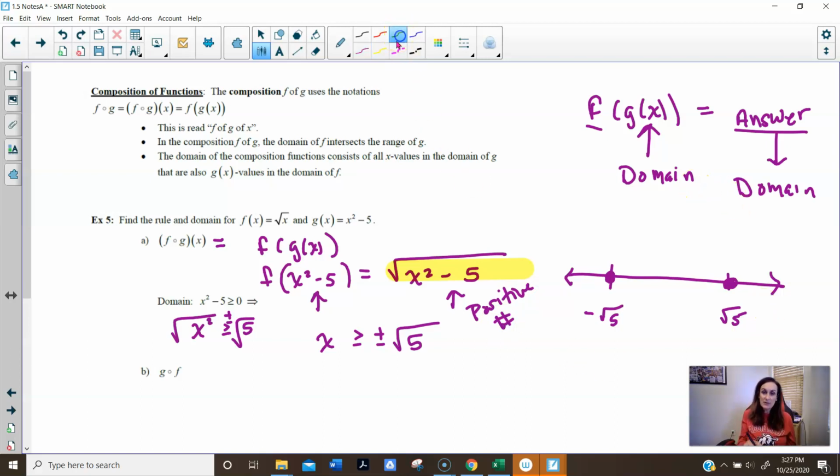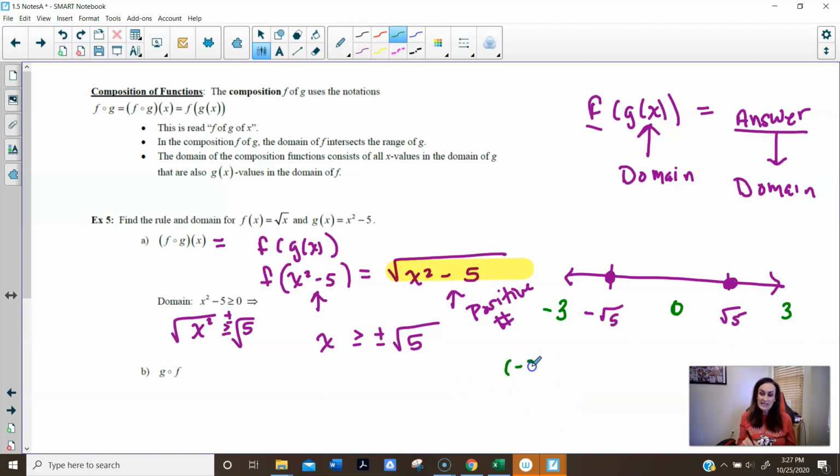I'm going to try some critical values. So actually my critical values are -√5 and positive √5. I'm going to try, so the square root of 4 is 2. So I could try -3, I could try 0, and I could try +3. So I'm going to take those, plug them into here, looking for positive answers.